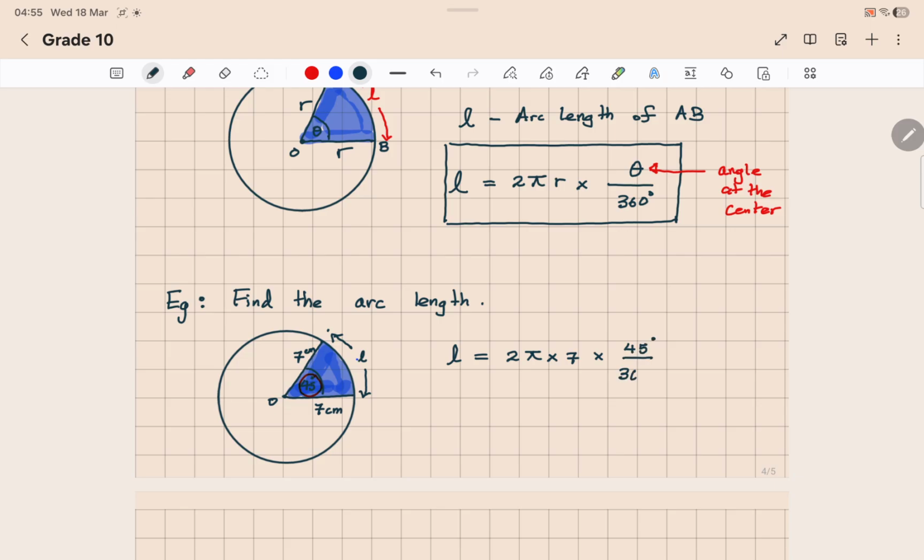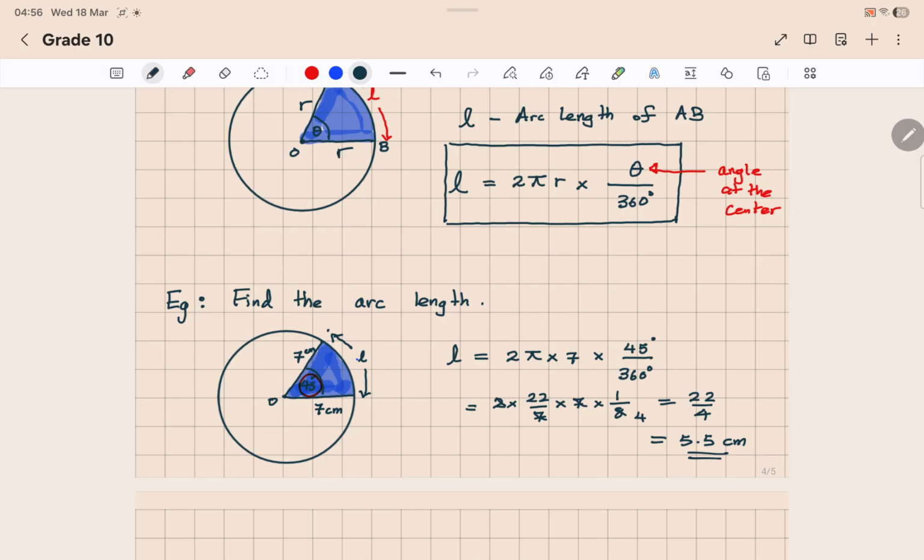We want to find which part of the circle this sector is. 45 over 360 is 1 over 8. Now simplify: 2 times 22 over 7 times 7 times 1 over 8. 2 and 8 cancel to 4, leaving 22 over 4, which is 5.5 centimeters. That is the arc length.